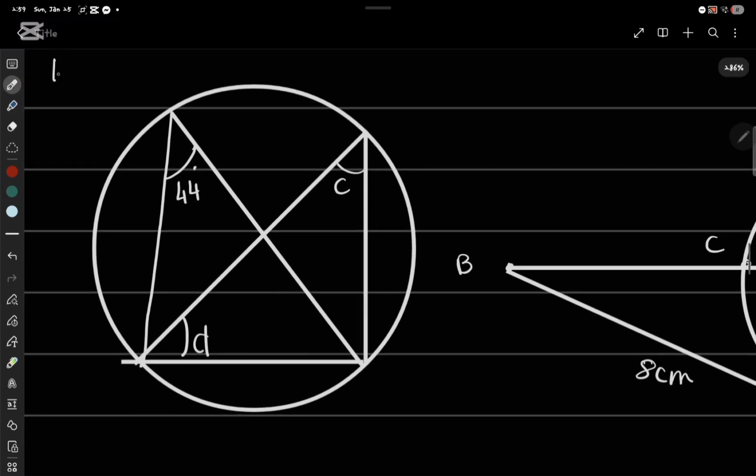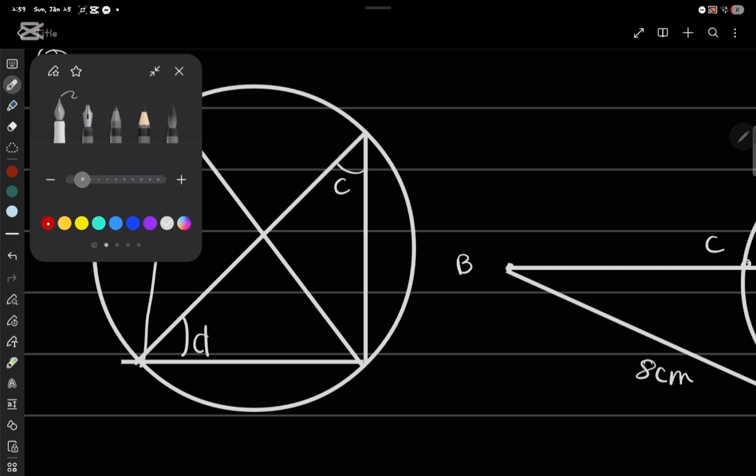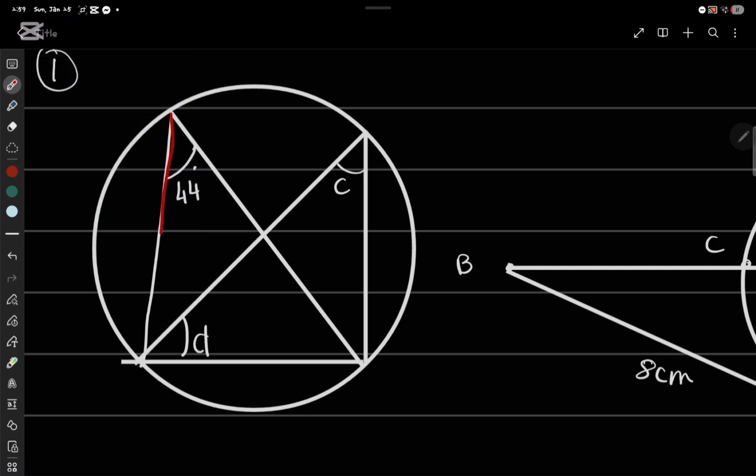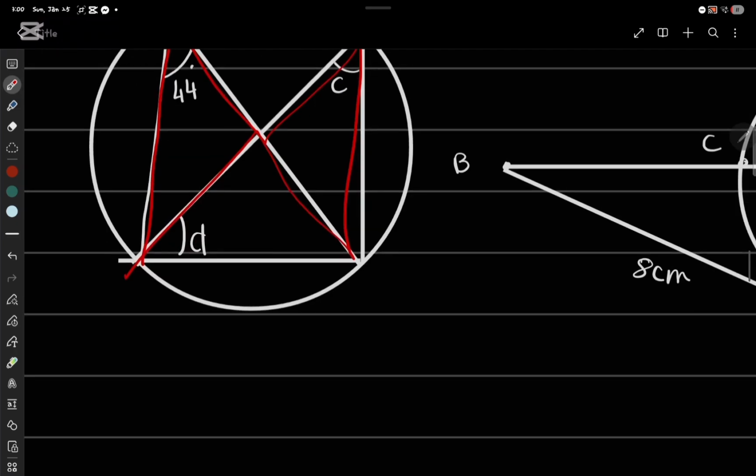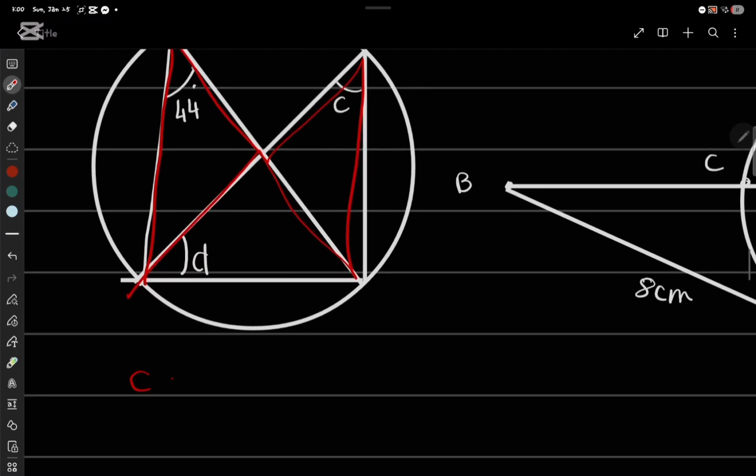Our first question, you're asked to solve for C and D. So your first instinct should be to notice that it is a bow tie rule. As you can see, two triangles form a bow tie, which means that C is 44.